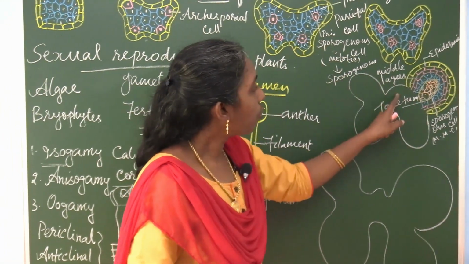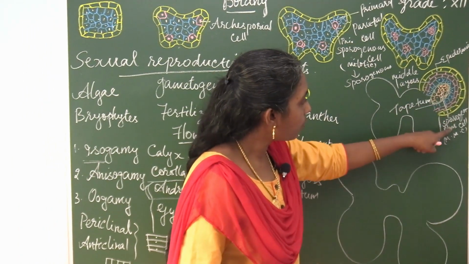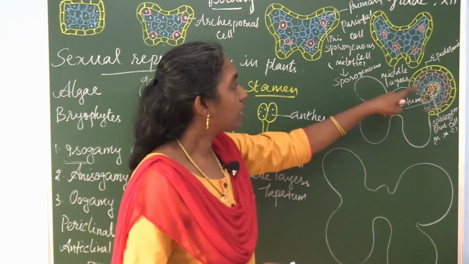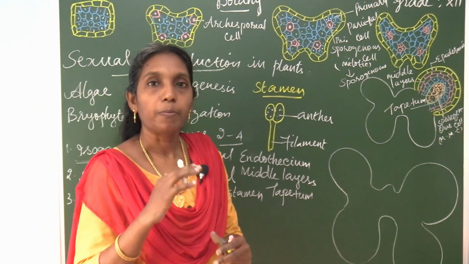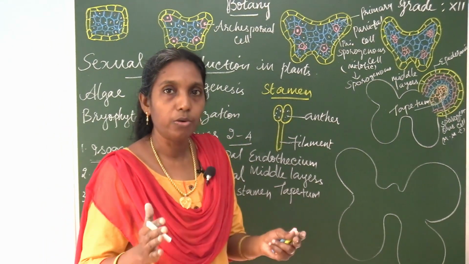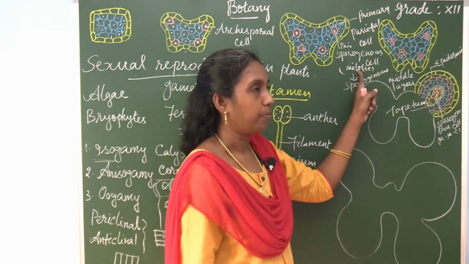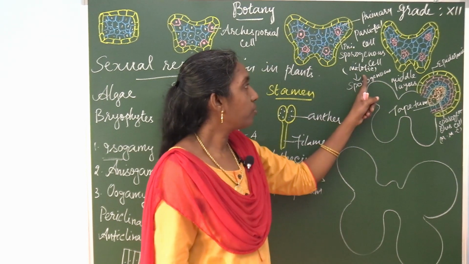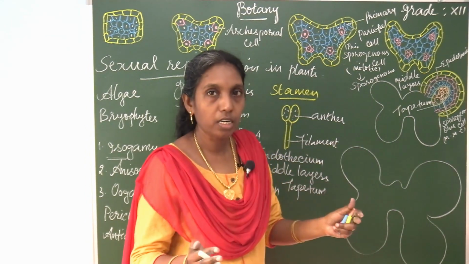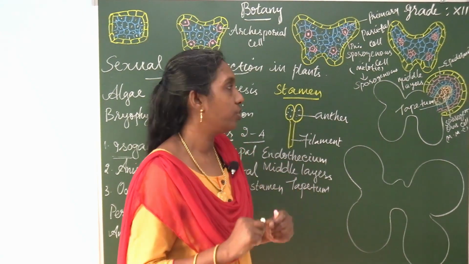How is this sporogenous tissue formed? These sporogenous cells are derived from the primary sporogenous cell. One word question, these are important: the primary sporogenous cell undergoes mitotic division and becomes sporogenous tissue.